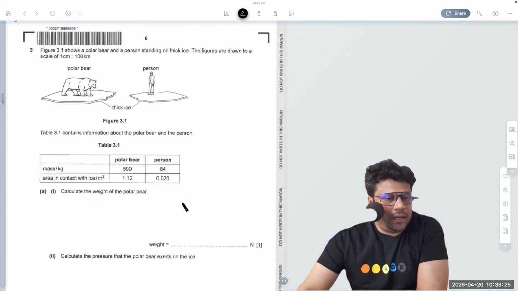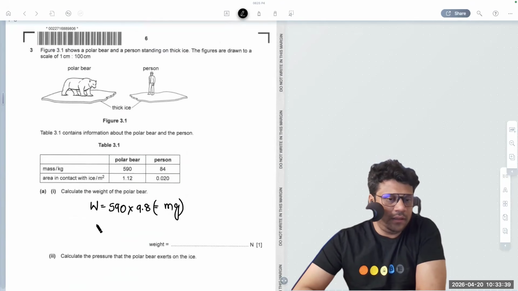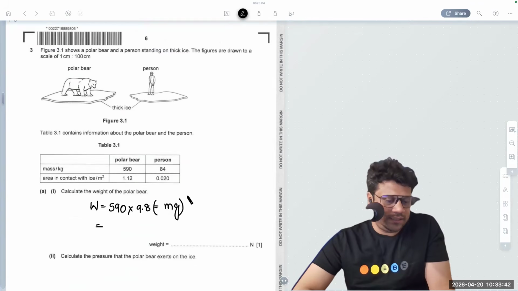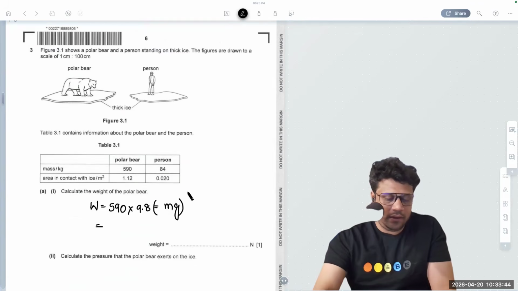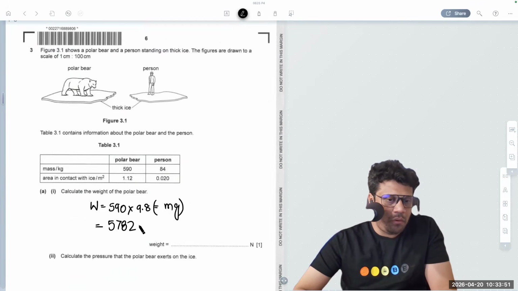Now, calculate the weight of the polar bear. Well, if the mass of the polar bear is 590, the weight is going to be mass into 9.8, basically mg. So that is 590 into 9.8, which is 5782 newtons.